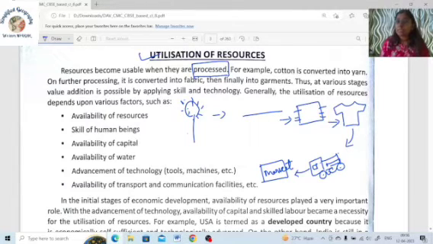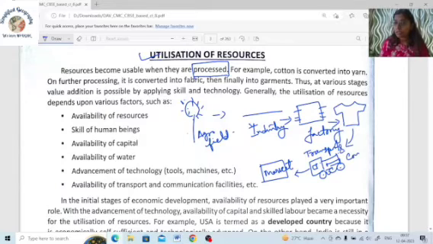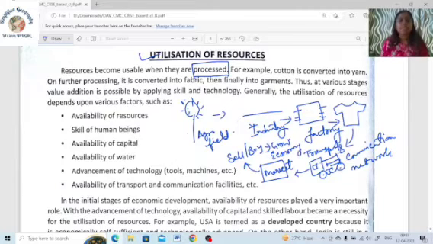And this processing includes going from the agro field to the industry, the factory, then with the help of the transport and communication network, you send it to the market, you sell them, somebody buys them, and you grow your economy. So this is the cycle, right?